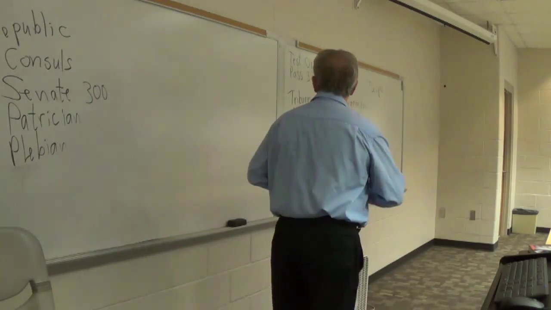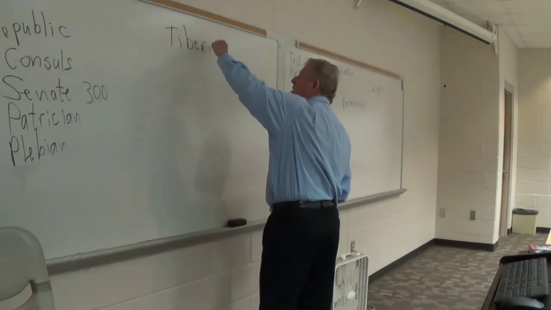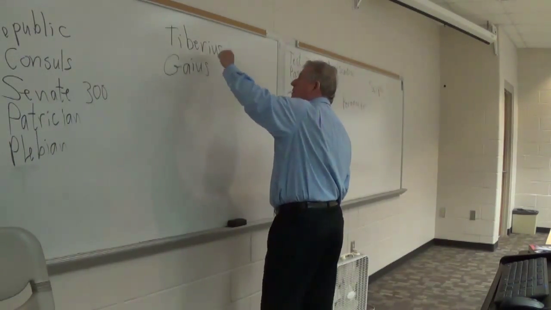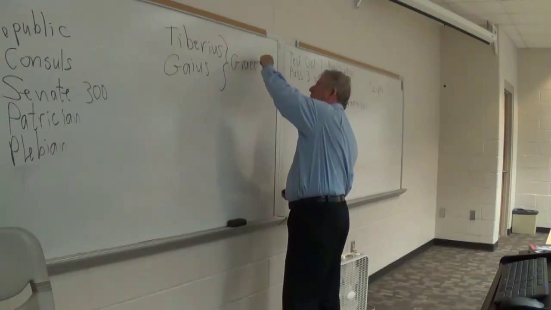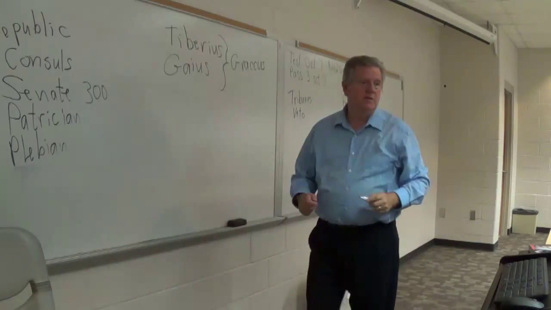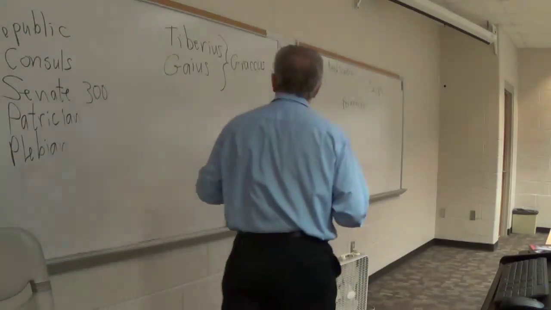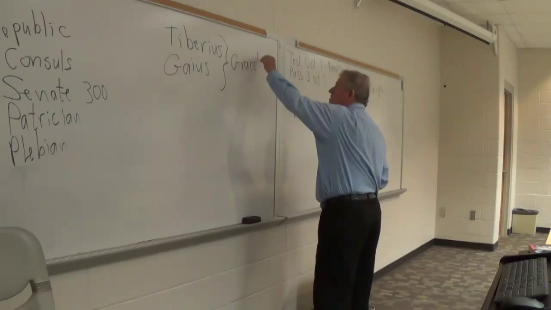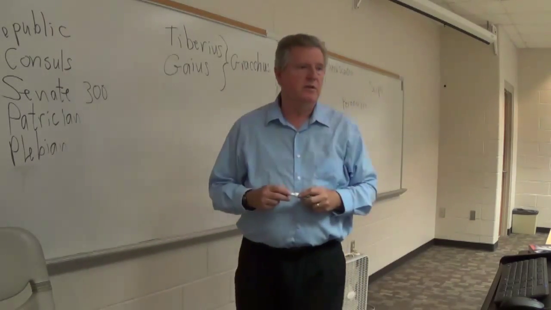Into this scenario steps two brothers, Tiberius and Gaius Gracchus. Two brothers, Tiberius and Gaius, G-R-A-C-C, I think I ought to spell it with an H, C-C-H. Tiberius was the oldest, Gaius was the younger one.